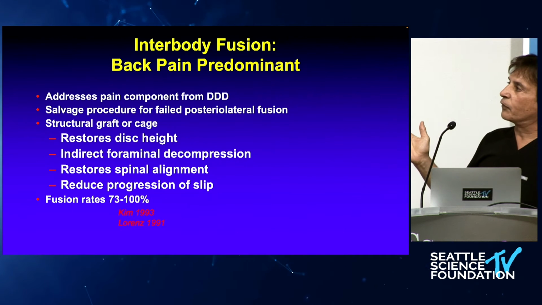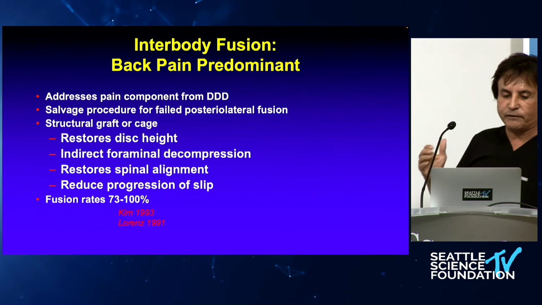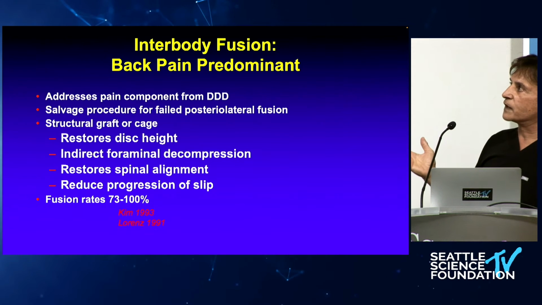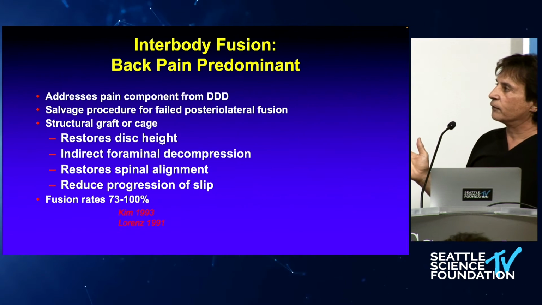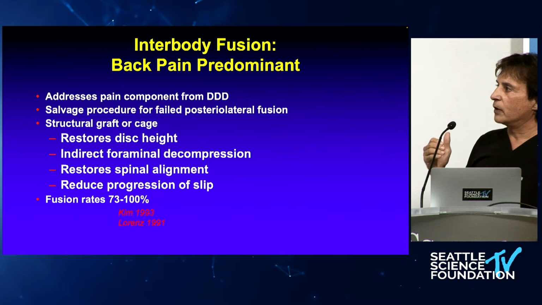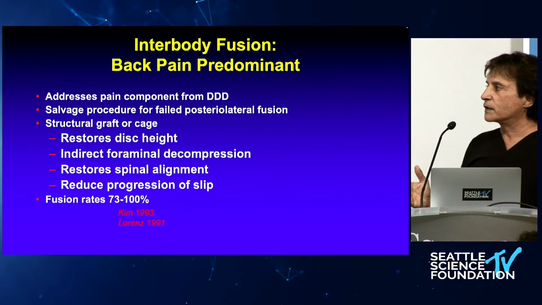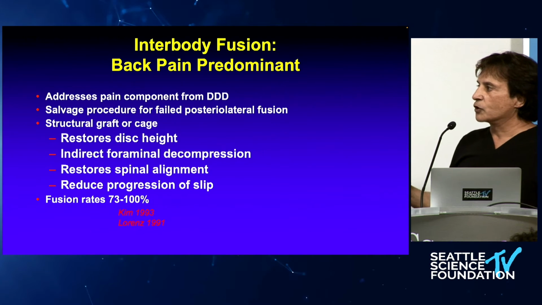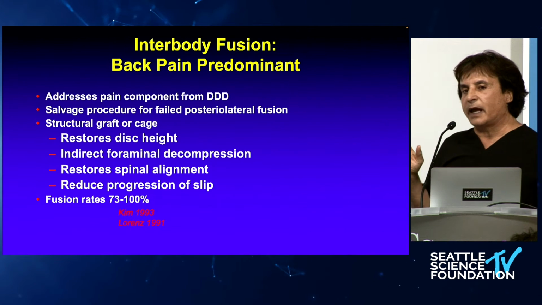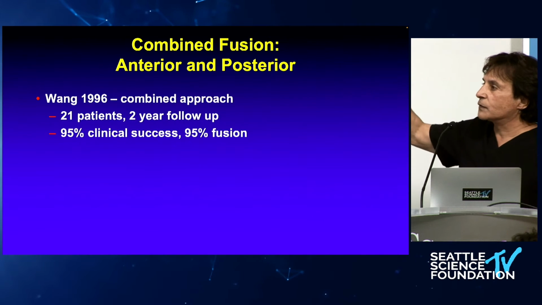And then interbody fusions for back pain, Kim and Lopez found that you address the pain component, the degenerative disc disease. It's a good salvage procedure for failed posterolateral fusion, and the structural graft restored disc height, gave you indirect foraminal decompression, restored foraminal alignment, reduced the risk of progression of slip, and fusion rates were anywhere between 73 and 100%. So by accessing the anterior column, I think you can certainly achieve that.